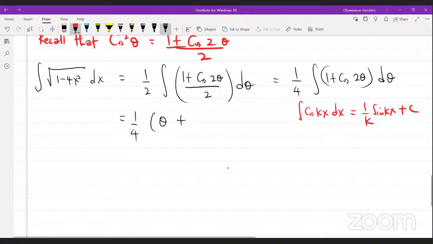We're applying this trigonometric idea, so this is just going to be 1/2 sine 2 theta, plus c.